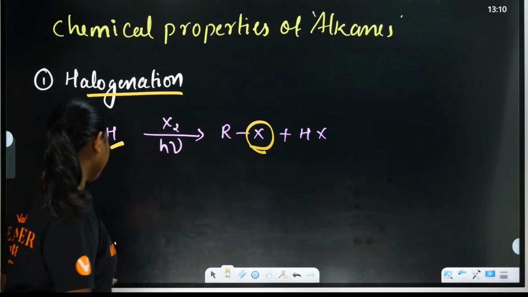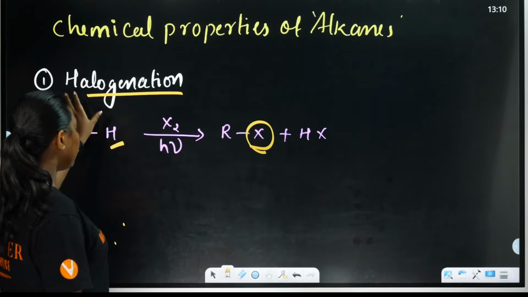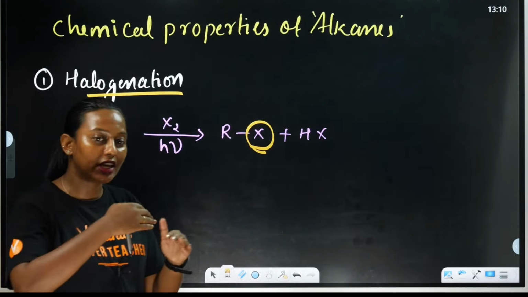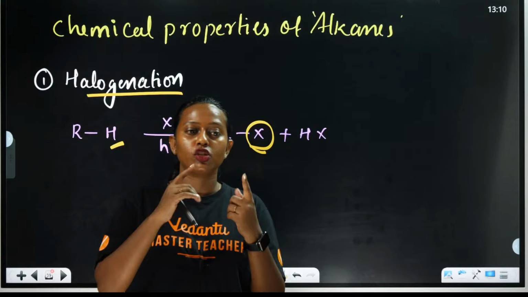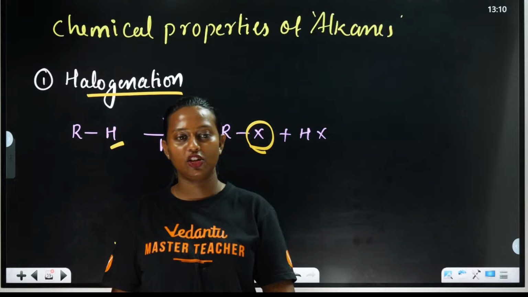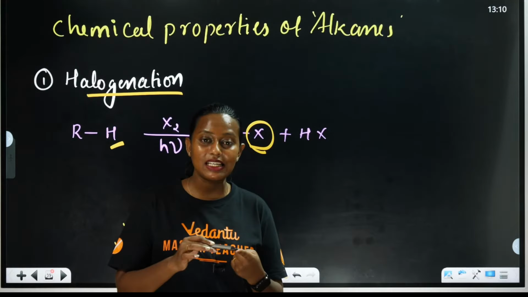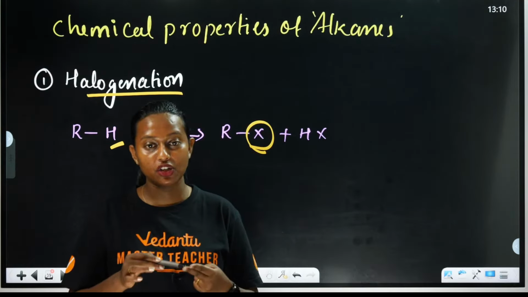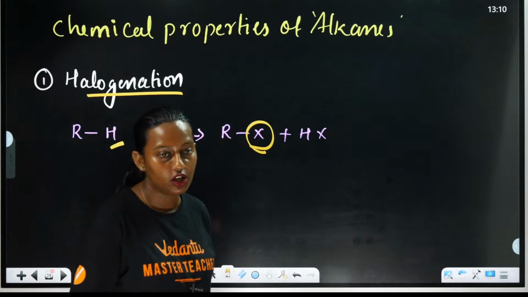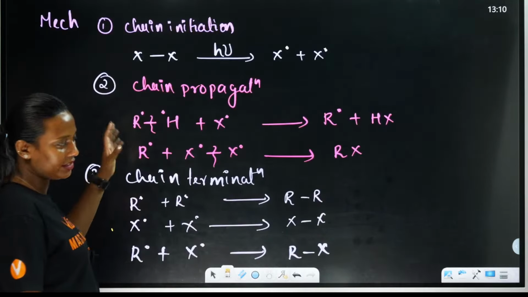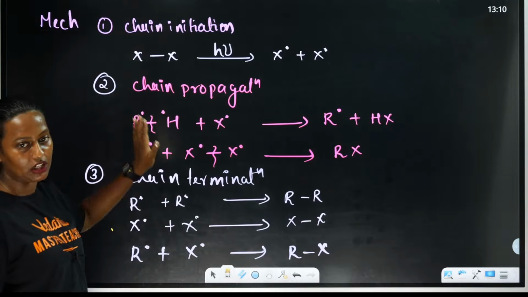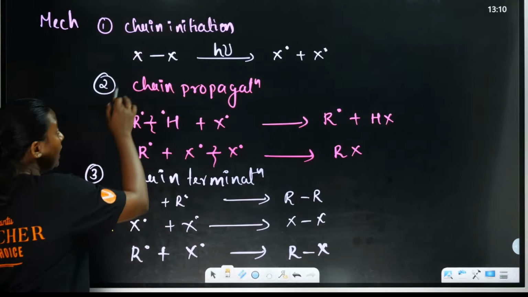Nice name. Okay, halogenation contains 3 steps, 3 different mechanisms. The first step is initiation, the second step is propagation, and the third step is termination. This is actually not necessary, but I will explain what initiation, propagation and termination are.